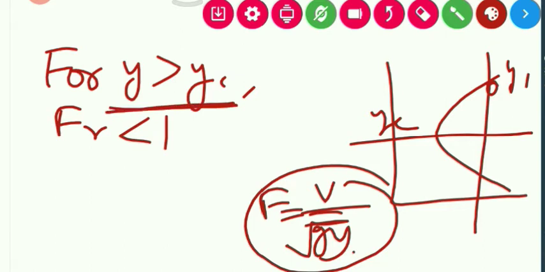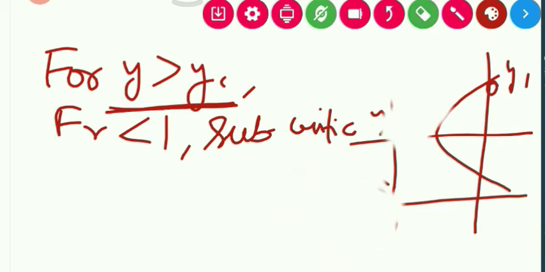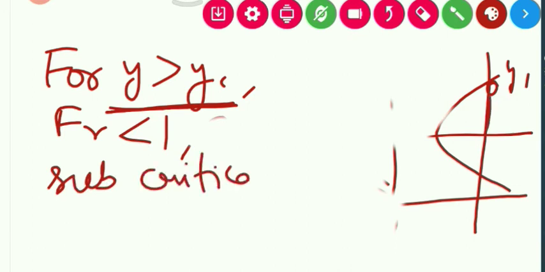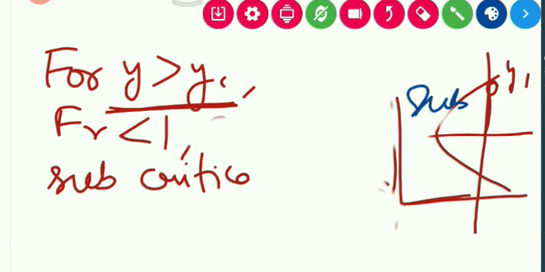So for y greater than yc, Froude number is smaller than 1, and it is called subcritical flow. Let me make it clearer. Here the condition will be subcritical.